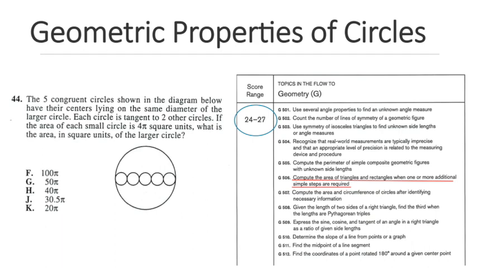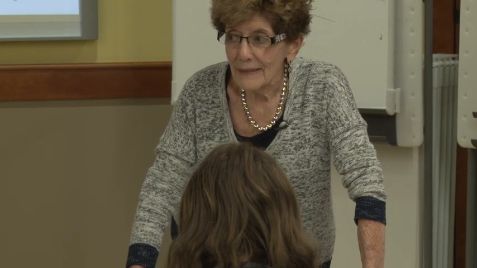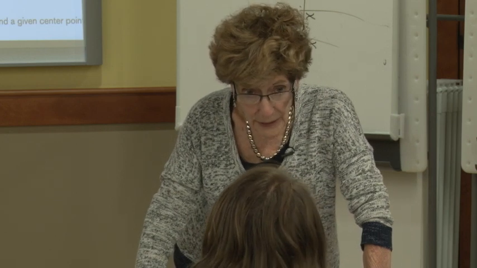Well, if the area of a small circle is 4 pi, how did they get 4 pi? They did pi times the radius squared. So what was the radius if when they squared it they got 4? 2, right? So the radius is 2. Write it down. R equals 2.